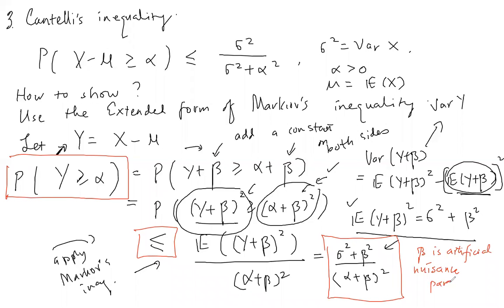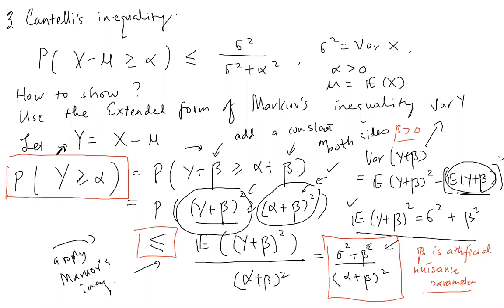It is not something that you want to consider at the end, but it's useful as an intermediate step. So you introduce a positive constant beta, and you manage to get this inequality: the probability that y is greater than or equal to alpha is bounded by this thing involving beta.